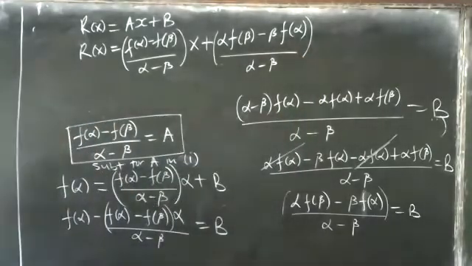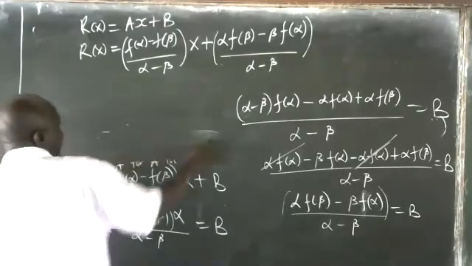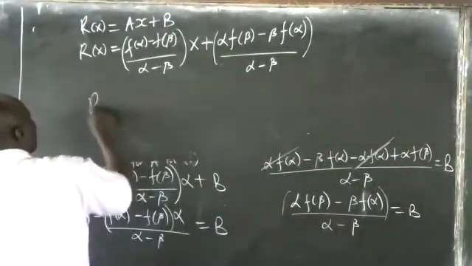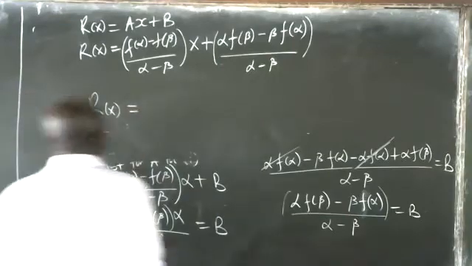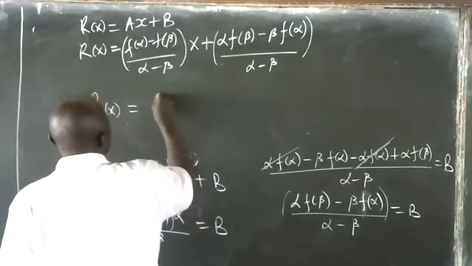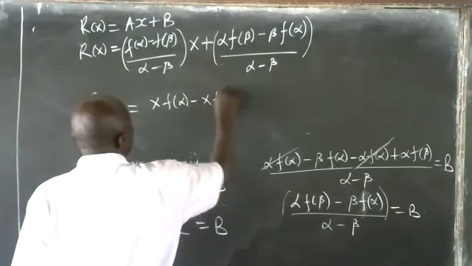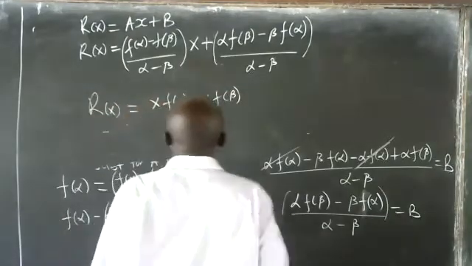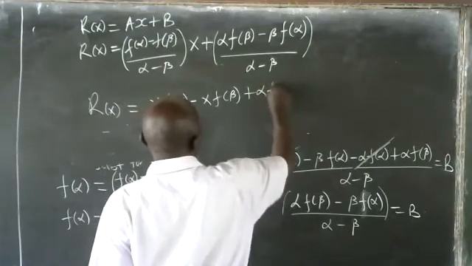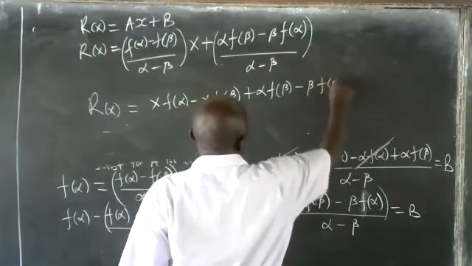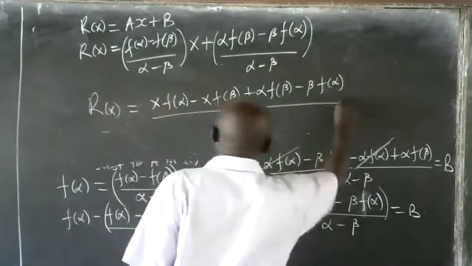So we have substituted for the values of A and B, and see the LCM is the same. So we simply work on the numerator for the denominator is the same. And now we say therefore Rx is now equal to x alpha minus x beta plus alpha F beta minus beta F alpha, everything over alpha minus beta.